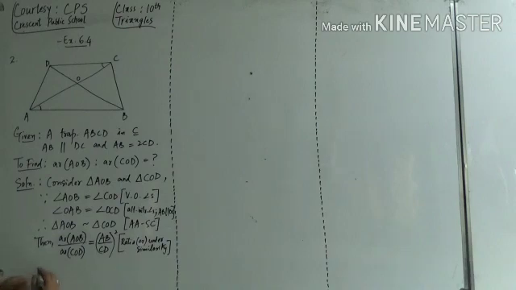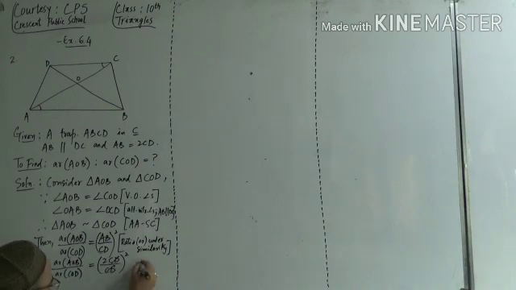Got it? Which implies that area of AOB divided by area of COD is equal to AB, which is nothing but twice CD, so I'll write twice CD divided by CD, whole square. Now CD gets cancelled, so I have (2 by 1) whole square.